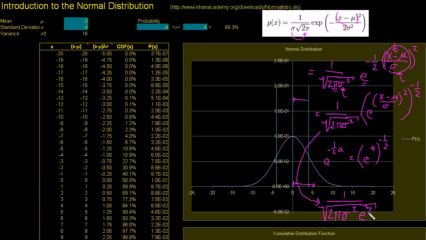If we say z is this thing in here, z is how many standard deviations we are from the mean, z-score squared. And all of a sudden this becomes very clean: 2 pi times our variance times e to the number of standard deviations we are away from the mean. You square that, take the square root of that thing and invert it, and that's also the normal distribution.